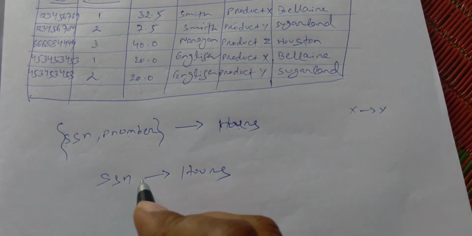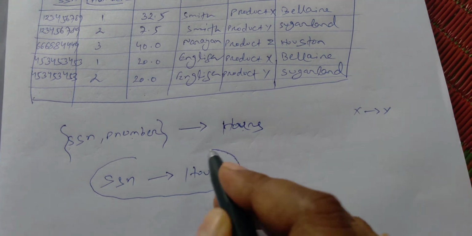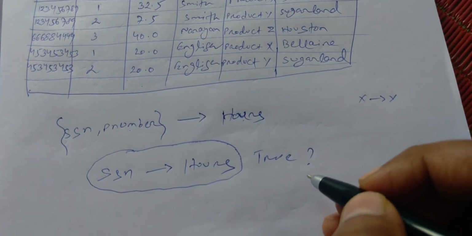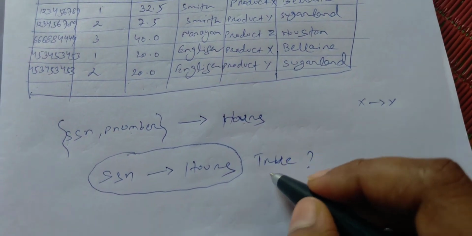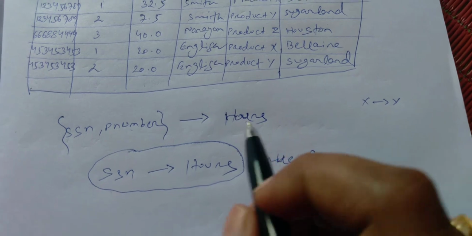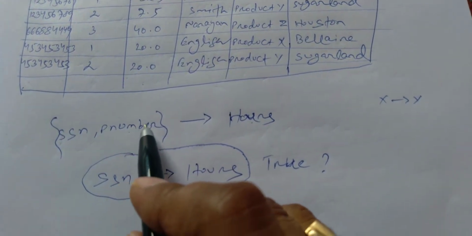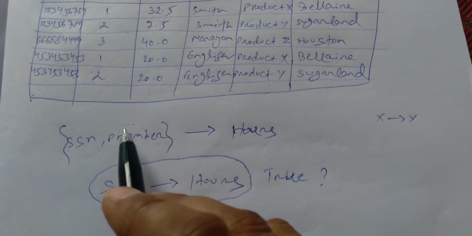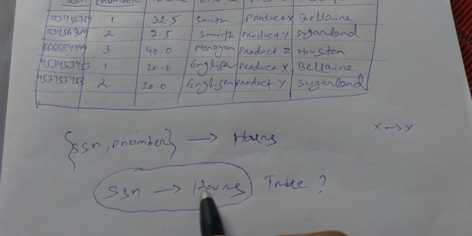I have removed P number from the combination, so is the functional dependency still true or not? If it is true, that means this was a partial functional dependency. That means this was not required, unnecessarily or redundantly we had put it. Even if you remove this particular attribute from the combination, still the functional dependency is holding true.